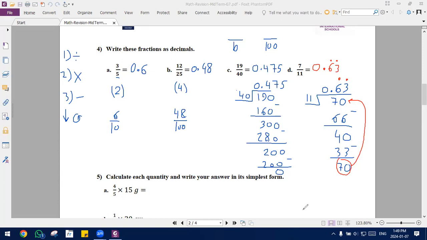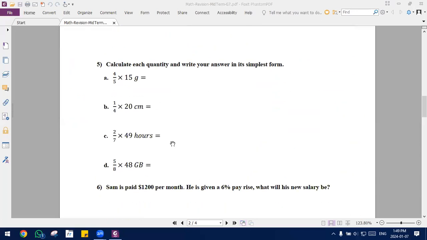Okay, next question. Calculate each quantity and write your answer in its simplest form. When I have 4 over 5 times 15, the easiest way to do it, if we can, is to do 15 divided by 5.